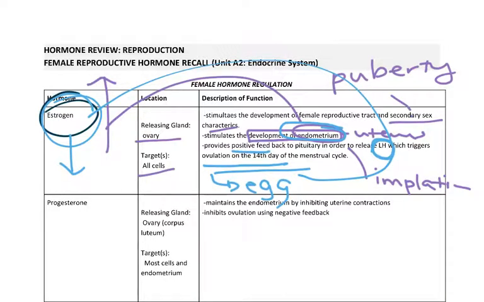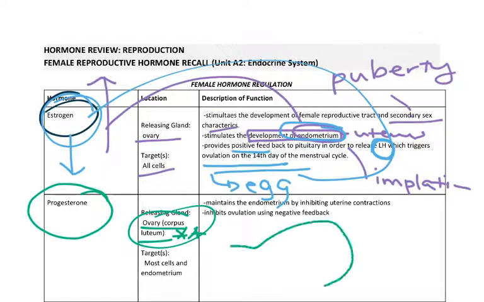Okay, moving on. When we look at progesterone, we've always categorized it as coming from the ovary, but this time we need to be specific that it's coming from the corpus luteum. If I quickly draw an ovary here, immature eggs start here.